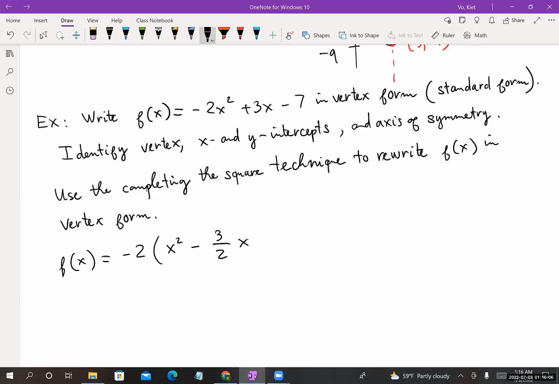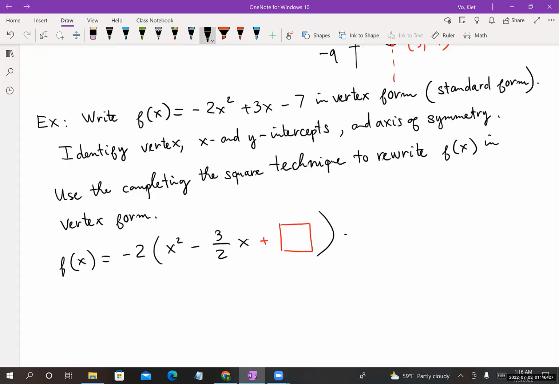Because remember, we usually have to add a number here, an unknown number, and I'm going to leave the 7 out, so I work with just the terms with x in them.